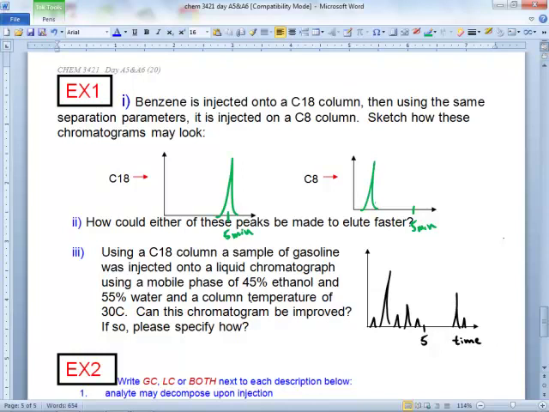Okay, another question. Using a C18 column, a sample of gasoline was injected into a liquid chromatograph using a mobile phase of 45% ethanol. Here's your mobile phase, 45% ethanol, 55% water. Column temperature of 30. Can this chromatogram be improved? If so, specify how.